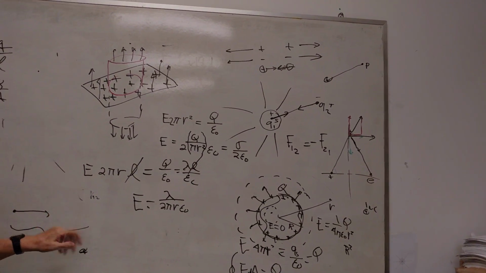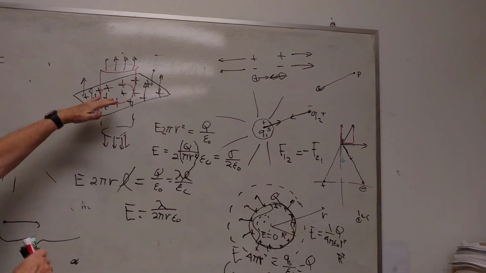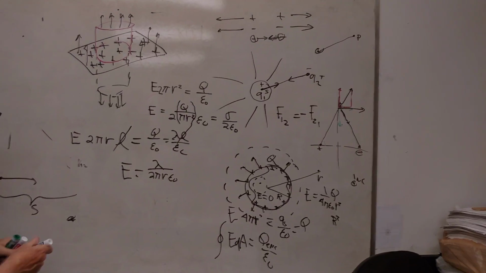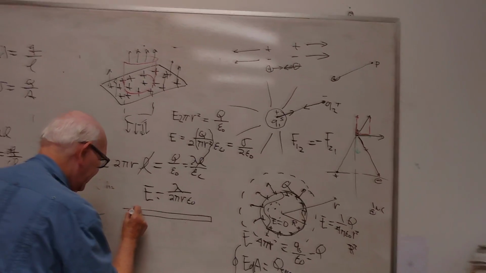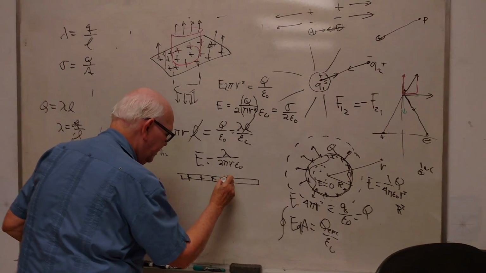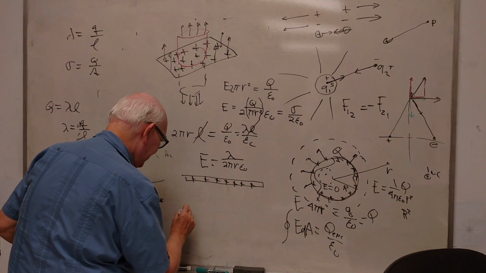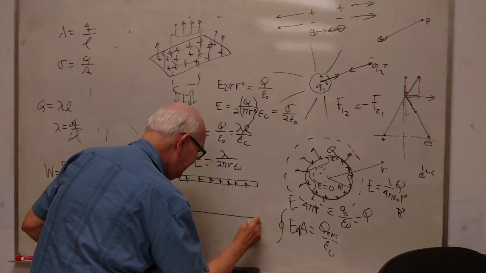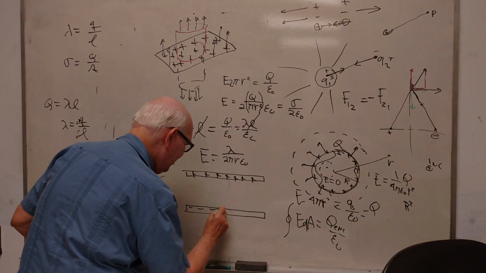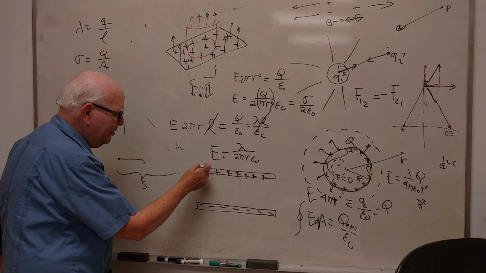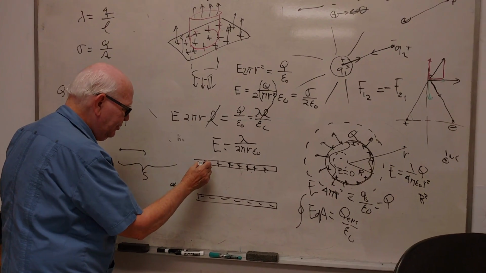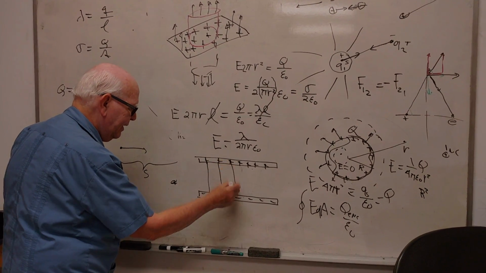The dimensions simplify. When you have two such planes, I'm going to put it on an edge, infinite planes, but now they could be finite. And the other one is negatively charged. You form what is called a parallel plate capacitor. Then the field doesn't go up, doesn't escape, it goes down, down, down.